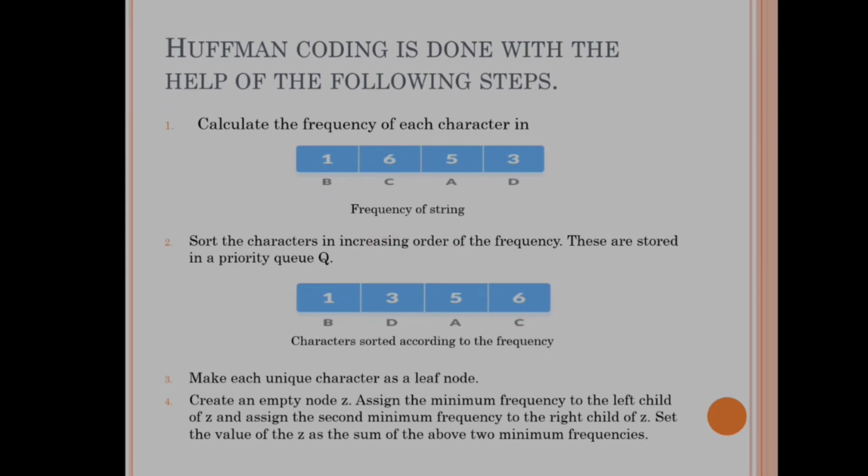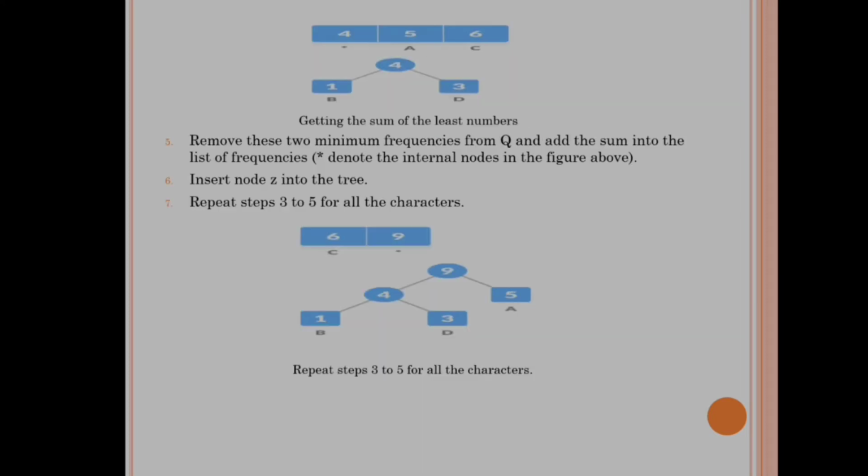make each unique character a leaf node, and then create an empty node Z. Assign the minimum frequency to the left child of Z and assign the second minimum frequency to the right child. Here we have done the same.